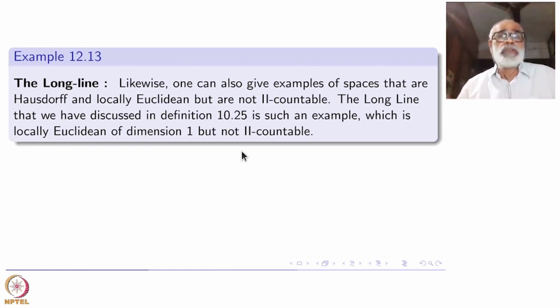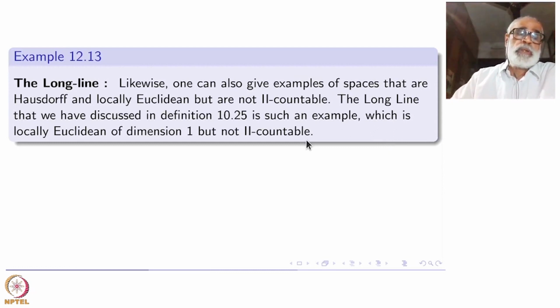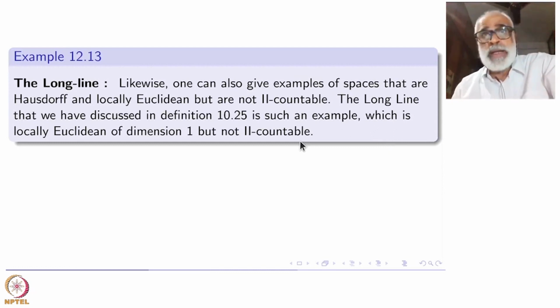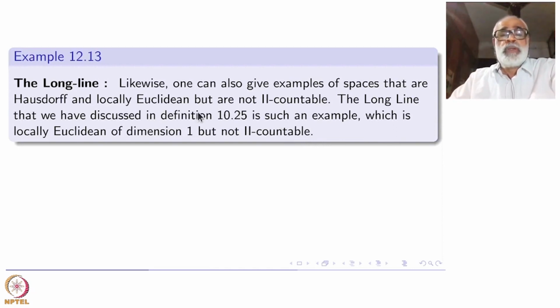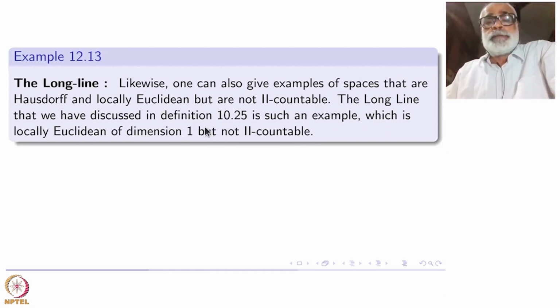It is not even first countable if you allow omega, but omega is not allowed inside the long line. So it is first countable, but it is not second countable. Therefore long lines are not treated as manifolds. So that is an example. We should have a justification for why these conditions are there. We don't want to discuss the long line, on which you can't do much analysis.